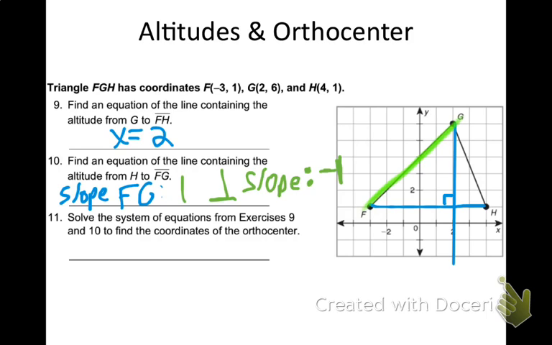I'm thinking altitude. Altitude is vertex to the opposite side. So which side is opposite of that green line? H. I'm thinking H there. Does everybody see that? Because altitude is vertex to the opposite side. That's the altitude. Now I'm going to go with that coordinate.